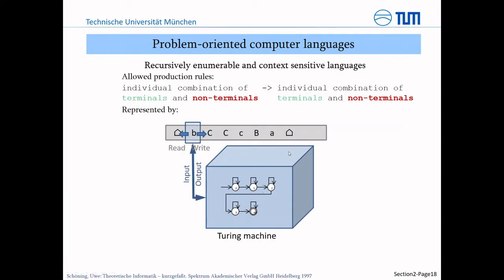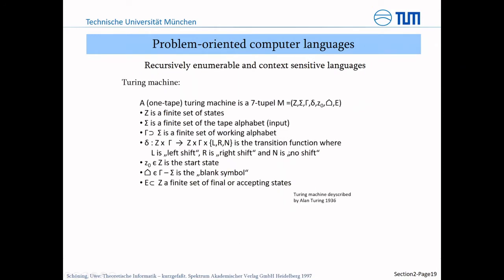A formal definition of this Turing machine looks like this then. We have a tuple of 7 elements where we have, similar to all of the other languages, a finite set of states and a finite set of alphabet, so a finite set of this tape alphabet. And then we have a special finite set of a working alphabet. So we can have more elements which are intermediate states or intermediate alphabetic characters, which are used on the way to the final solution for our Turing machine. And then the transition looks a little bit different.